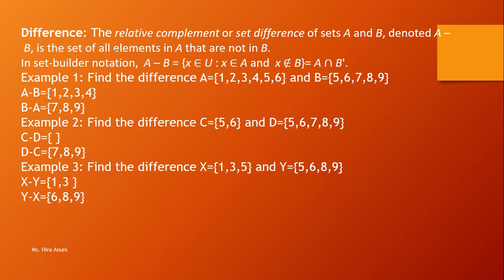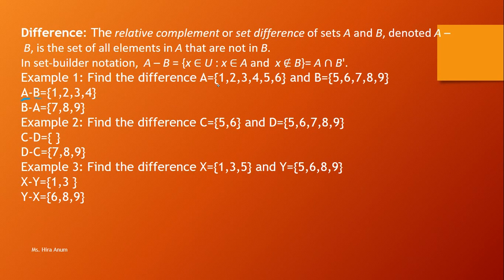Difference between two sets. Similarly, in complement you have to take the difference between the universal set and the set. Here we have two sets. Find the difference. When we write here, we take the elements of this set, not this set.